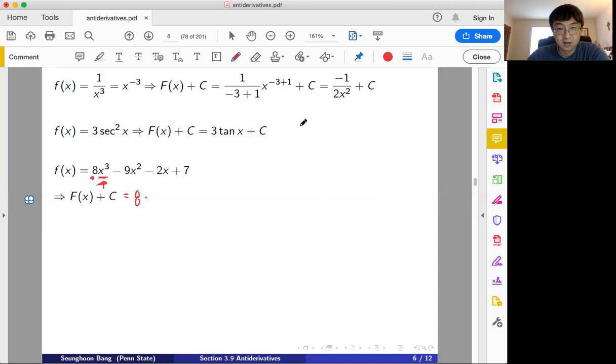So here, for x to the n, the antiderivative is 1 over n plus 1 times x to the n plus 1. The first one: 3 is n, so we have 1 over 3 plus 1, x to the 3 plus 1. You can keep negative 9. What is the antiderivative of x squared? Could you write your answer on the chatting board?